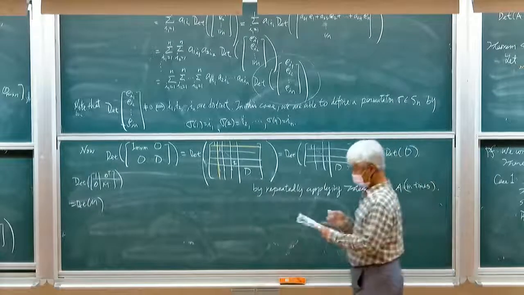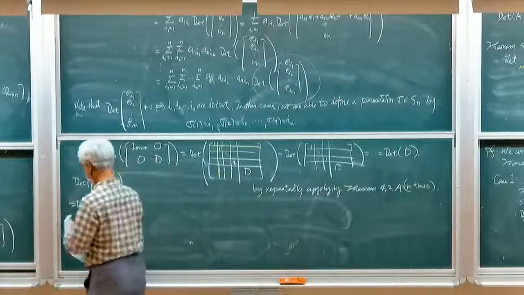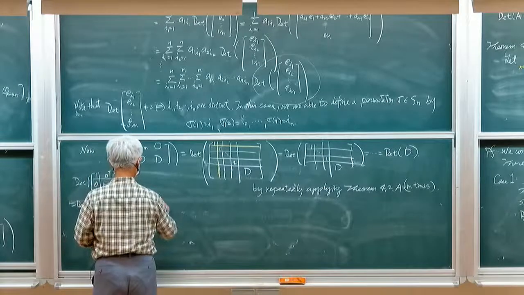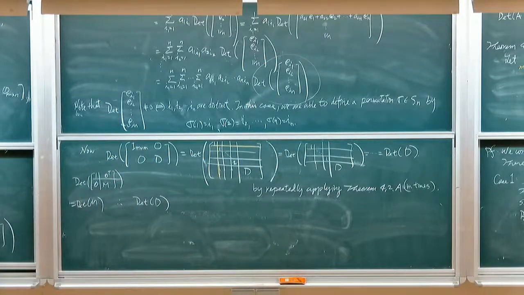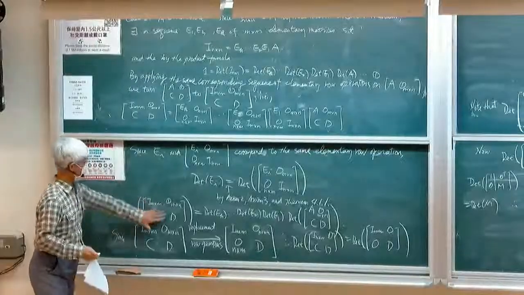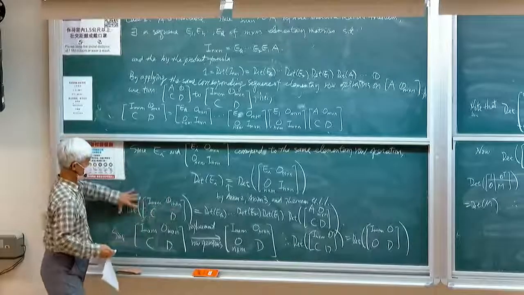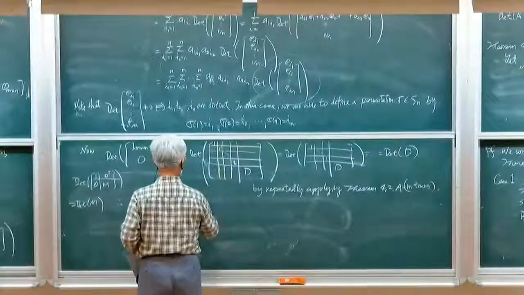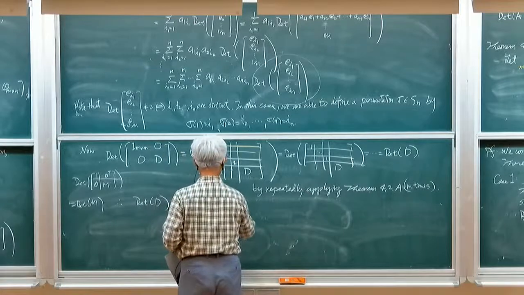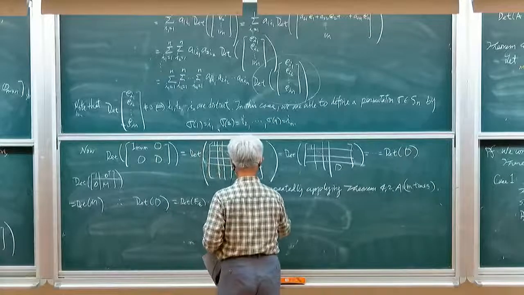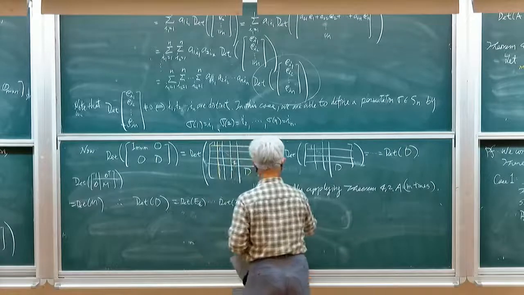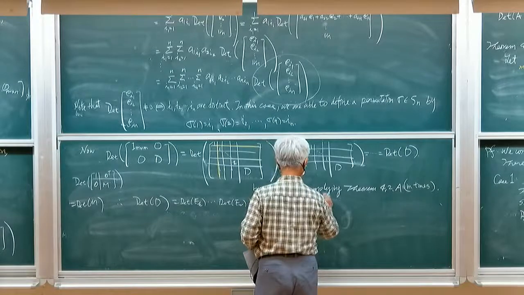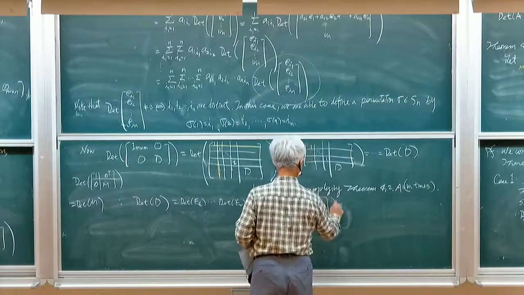All right, so finally we have the determinant of D. The determinant of D is equal to the determinant of E_k, the determinant of E_2, the determinant of E_1, and the determinant of the block matrix A, 0, C, D. Okay, so we have that.